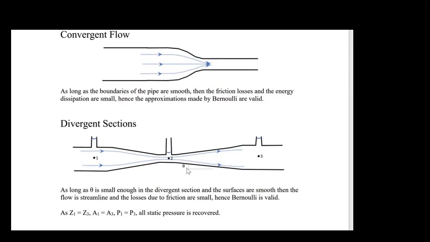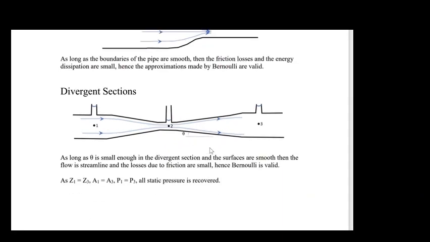As long as theta is small enough, we maintain laminar flow, we maintain streamlined flow. There again, there's 0 losses associated with turbulent flow or the friction inside the fluid, which would generate heat. So we're assuming 0 losses there. From position 2 to position 3, we've got an increase in cross-sectional area.